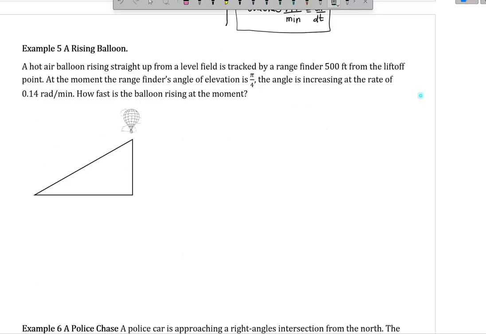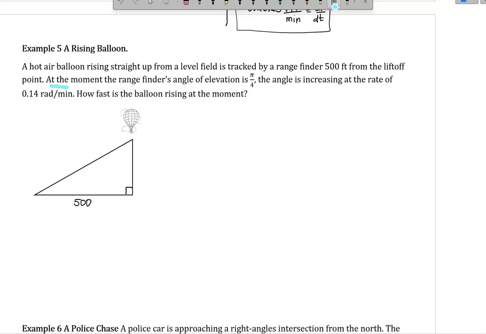In example 5, we have a hot air balloon rising straight up from a level field. We're also told that it is being tracked by a rangefinder 500 feet from the lift-off point. That gives us this horizontal distance here at the bottom of this right triangle. And I do know it's a right triangle because this tells us that the balloon is going straight up from a level field.